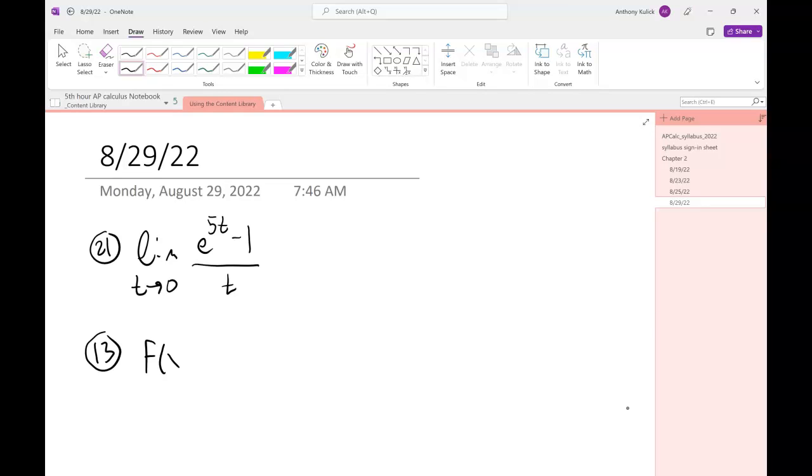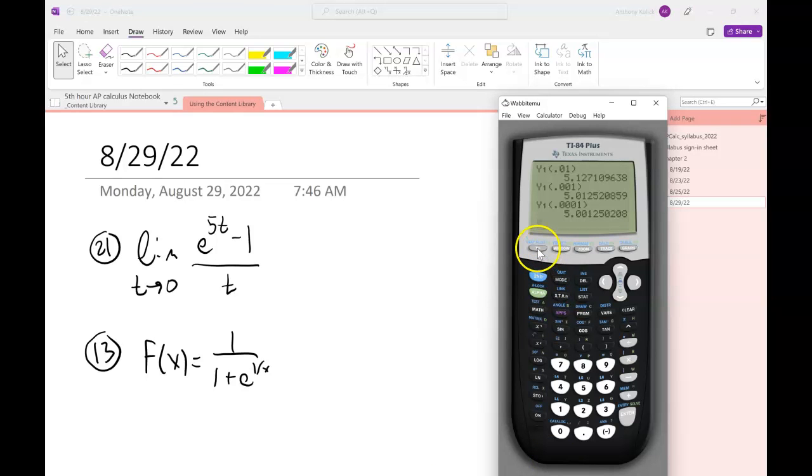So again, this is going to be one that I'm just entirely using my calculator to do. So the 3 limits we're looking at is x approaching 0 from the left, from the right, and then just the limit as x approaches 0.